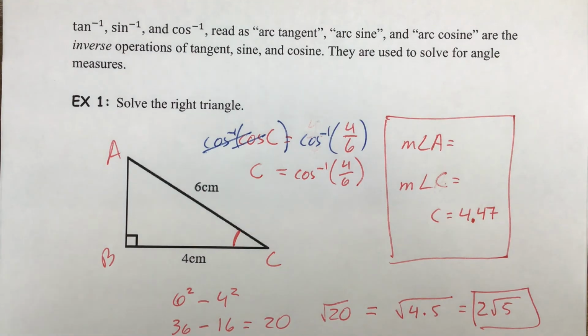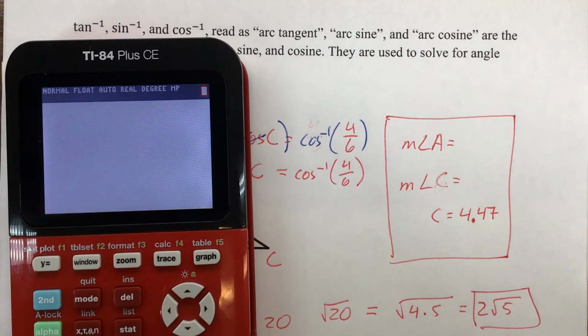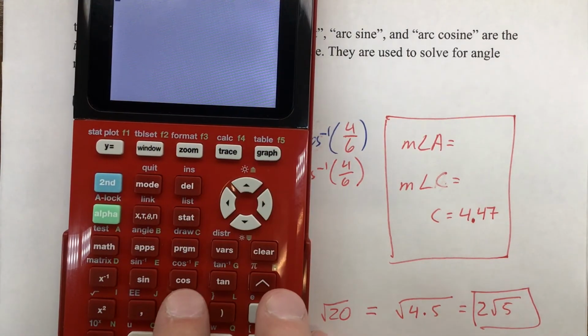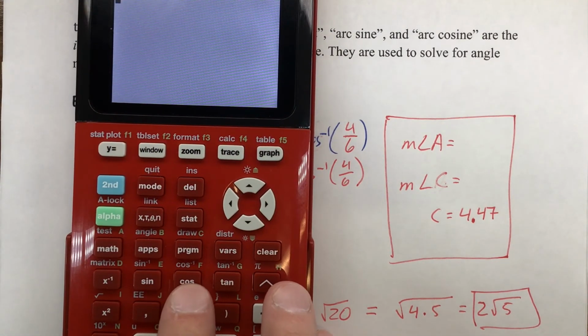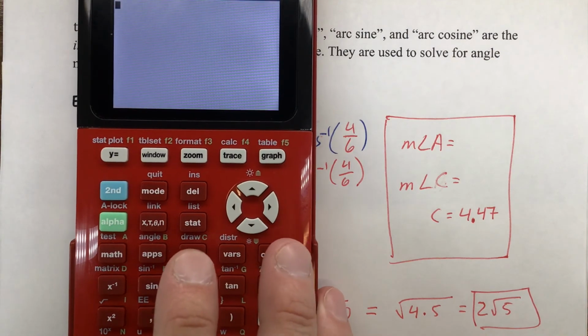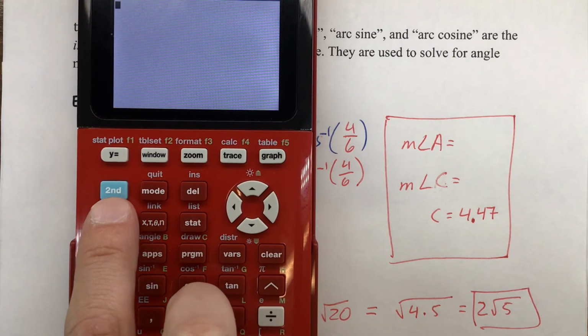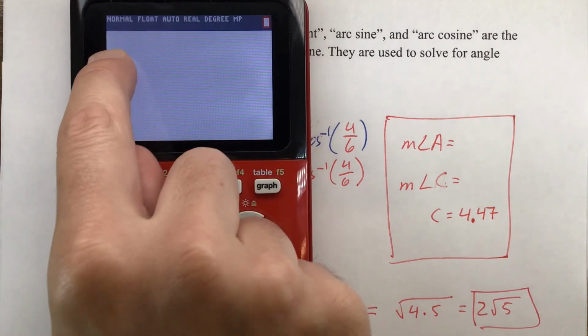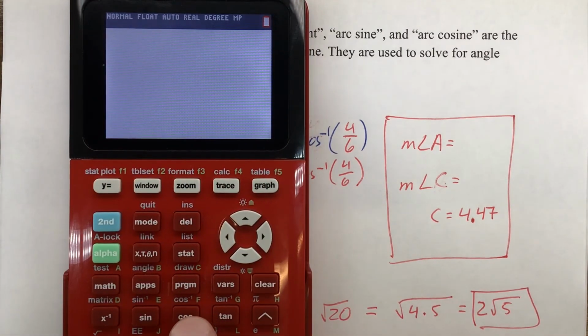All right, and then for most calculators, the way that you're going to type the arc cosine, you're going to use the same button that you would use for cosine, okay? Except before that, you're either going to press second or possibly a shift button. So I'll press second. On my calculator, you see a little arrow pop up. And then when I press cosine, you actually get the arc cosine.